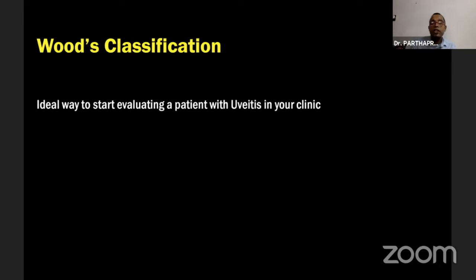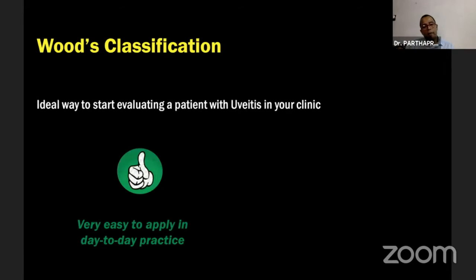So Wood's classification or clinico-pathological classification may be an ideal way to evaluate a patient with uveitis in your clinic. It can give you very important findings to start examining, lead to the clinical signs and investigate your laboratory tests. On the pros of the test, this classification is very easy to apply in your day-to-day practice.